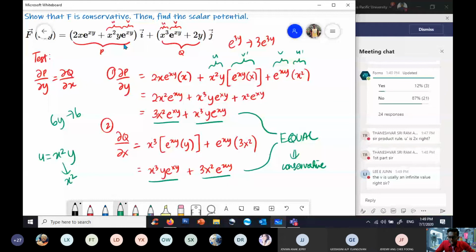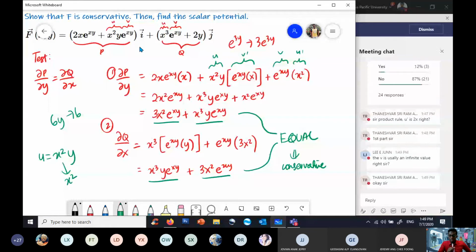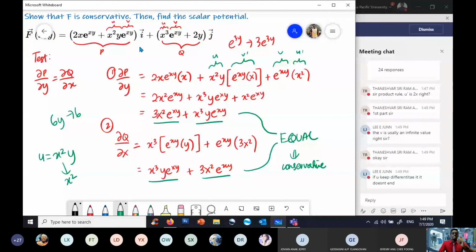The v is usually an infinite value, the v. What do you mean by infinite value, the v? You mean when we are using the product rule, the choice of v? Not so sure about the infinite value. Oh, I see. If you keep differentiating, it doesn't end. No, not really. Actually, in product rule, maybe you have some other v in mind because we also use v in integration by parts.